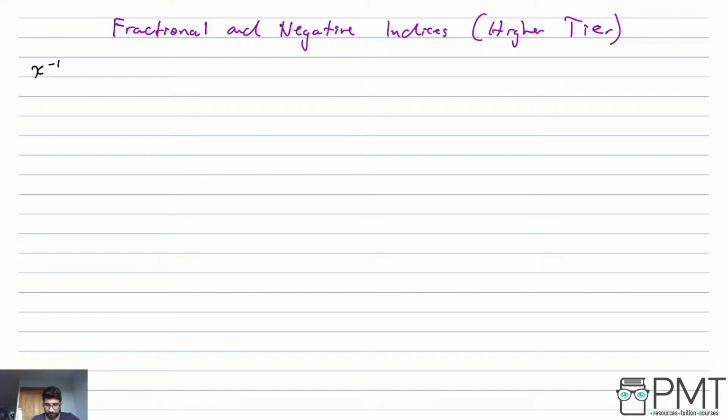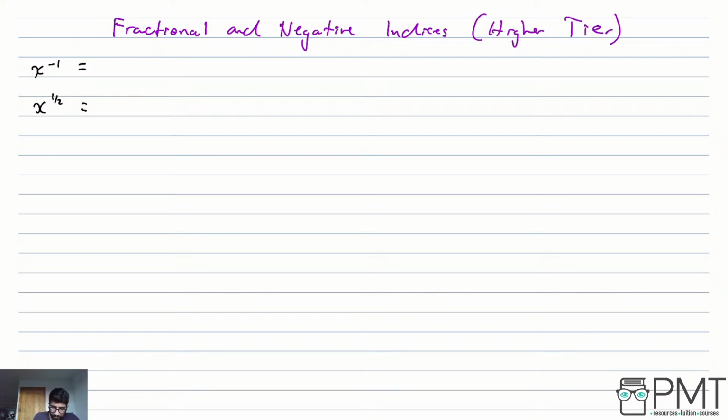And this actually just relates to the previous question. We talked about the reciprocal there. So let me know what x to the minus 1 is. And let me know what x to the half is. So based on these two, we are gonna build up on more complicated ones as well.